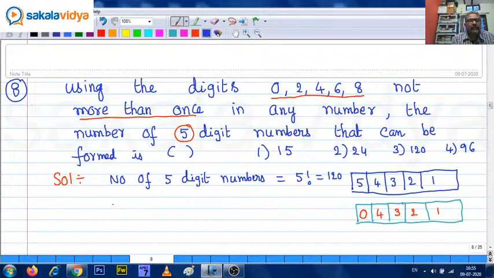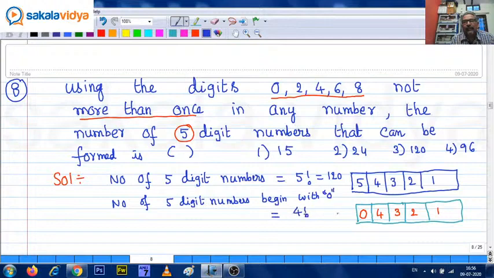That means the number of 5-digit numbers beginning with 0 is equal to 4 factorial, since 0 is fixed, which is 24. That means out of 120, 24 numbers beginning with 0 are not 5-digit, they are 4-digit.